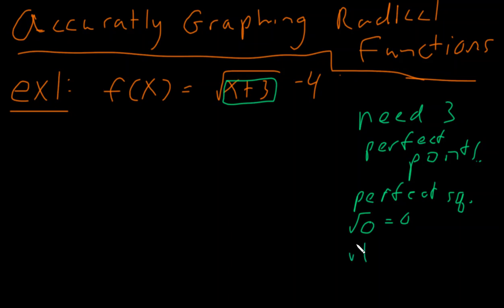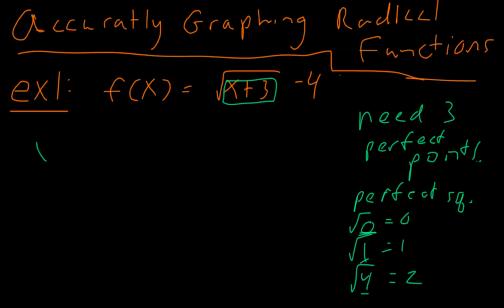There's 1, because the square root of 1 is 1. And the next easy one is 4, because the square root of 4 is 2. So a nice, easy general rule is you should always endeavor to set whatever is inside the square root equal to 0, 1, and 4.